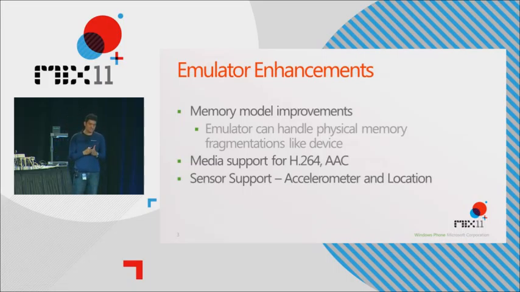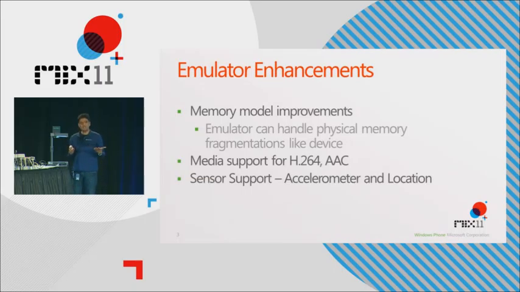Also, H.264 is one of the most important codecs being used today for developing media applications, especially on mobile platforms. In Mango, we are adding support for H.264 as well as AAC, so that our media development story in the tooling is much better now.